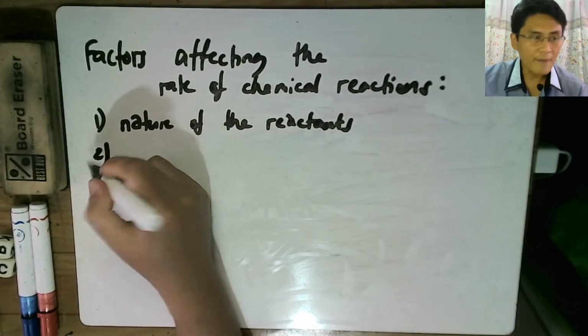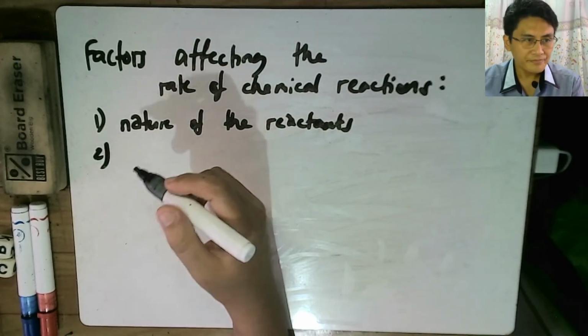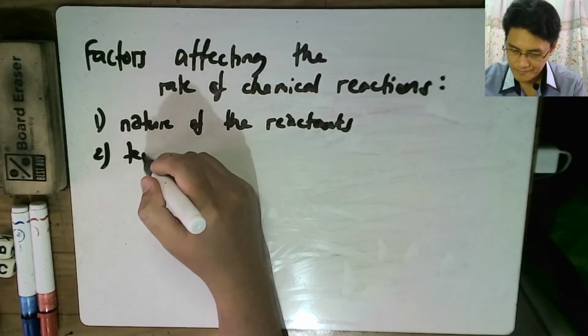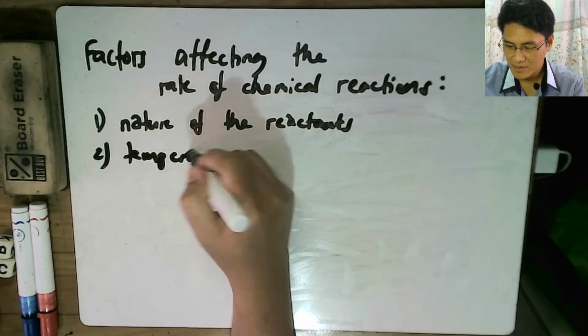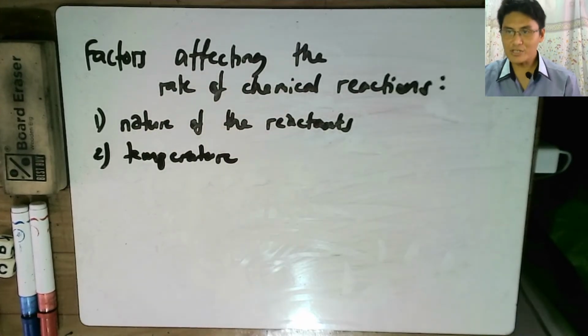The second one is the temperature. Okay, so the temperature, this concept goes back to our discussion about the gas laws. Remember when we discussed the gas laws, temperature is related to the average kinetic energy of the particles.